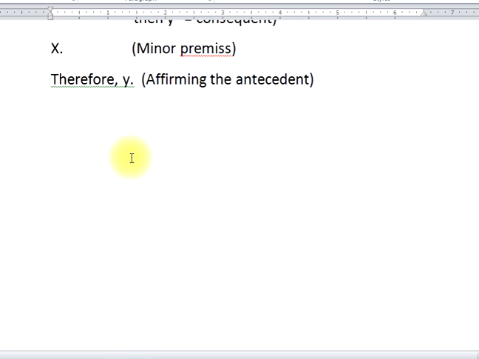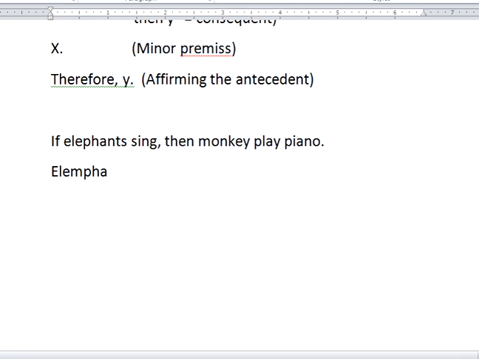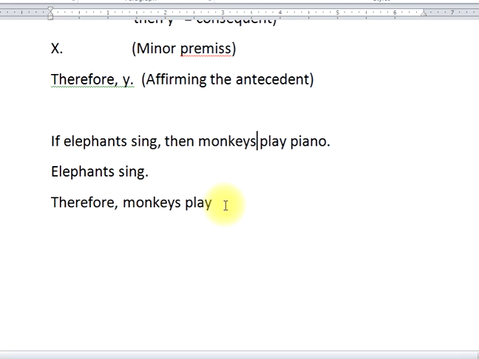So in other words, what I mean by that is I can say, if elephants sing, then monkeys play the piano. And then elephants sing. Therefore, monkeys play piano.